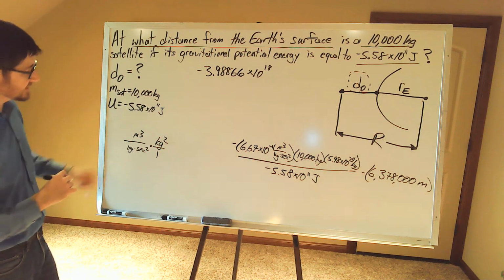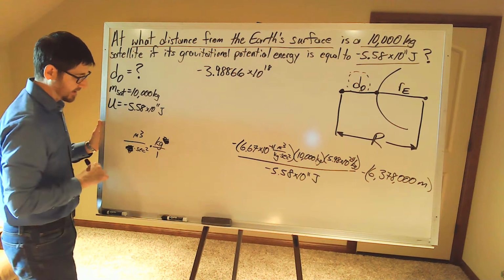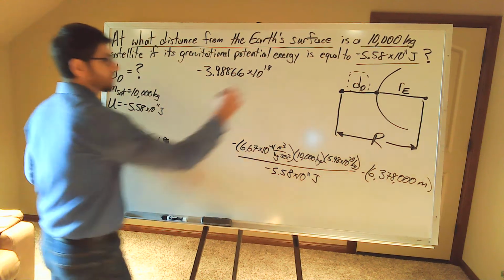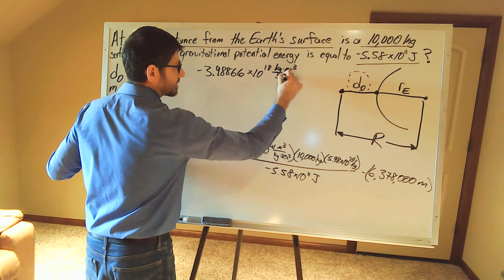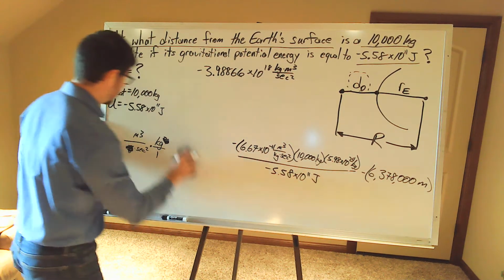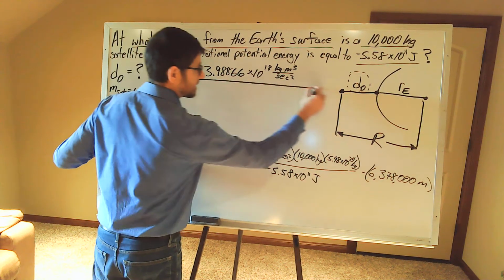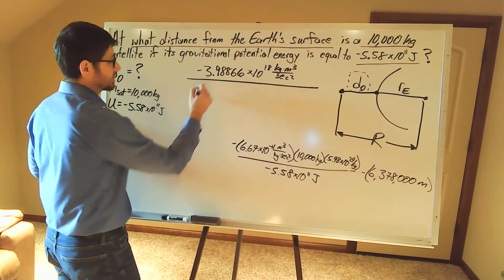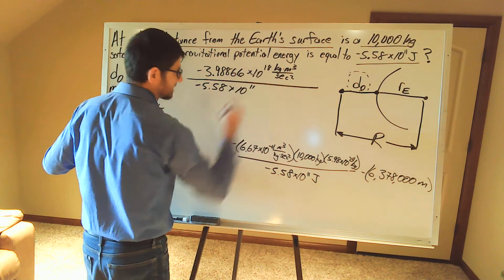We can immediately see that one of our kilograms is going to cancel out, giving us kilogram meters cubed per second squared. Okay? Now, we're dividing this by our gravitational potential energy, negative 5.58 times 10 to the 11th.